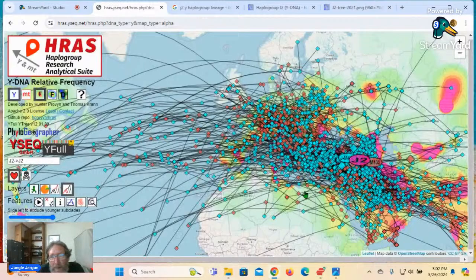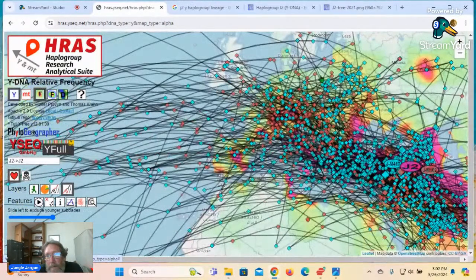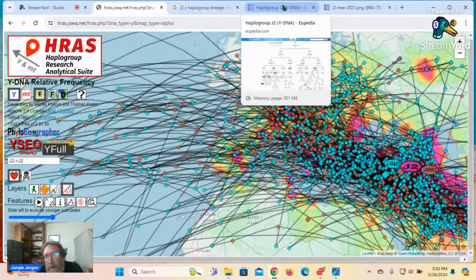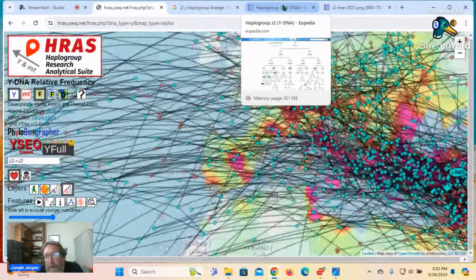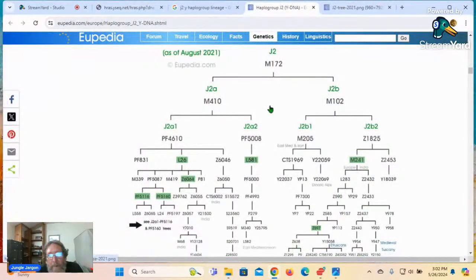And we'll look at these lineages. As a matter of fact, this distribution here of J2 is only the lineage of M172. Because if we see here, this is the M410 and the M102.